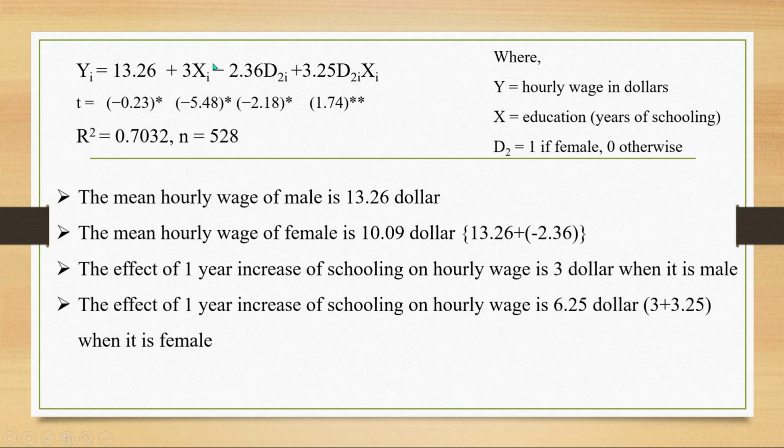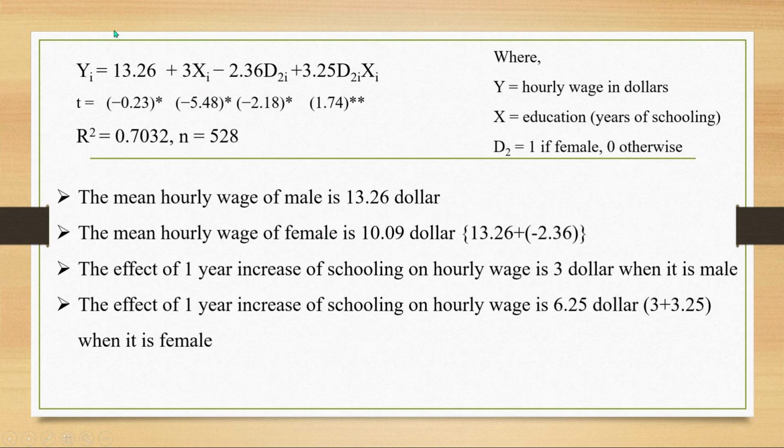Then if we want to interpret the continuous variable regression coefficient, we can say that the effect of a 1 year increase of schooling on hourly wage is $3 when it is male. That means the coefficient value of the continuous variable represents the effect of changes in education when it is male, that means when it is the base category.